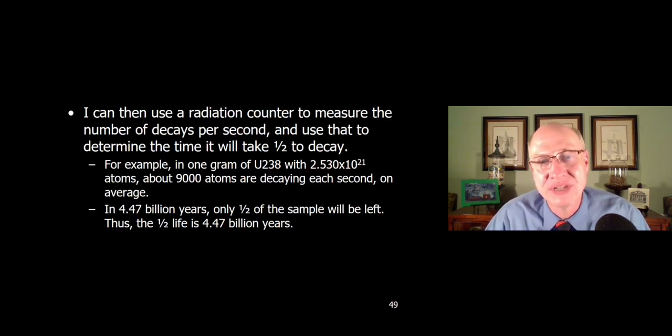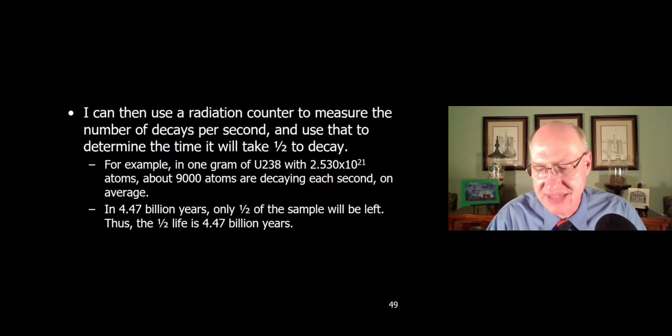And with 9,000 atoms decaying every second, in 4.5 billion years, about half the sample will have decayed and only half the sample will be left. That is, about half the sample will be uranium still, and about half the sample will have decayed into lead. And that means that the half-life is 4.47 billion years.